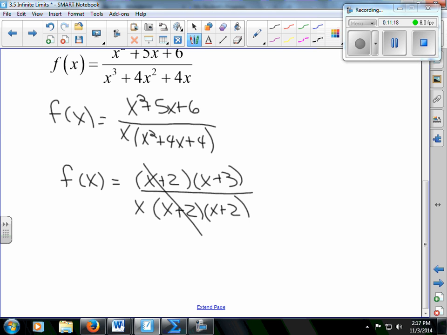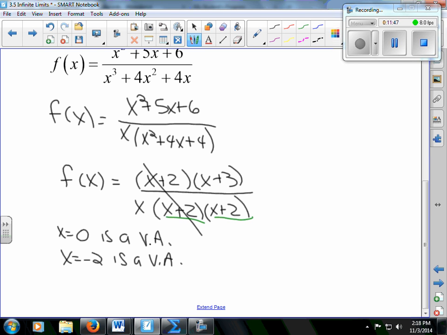So the way that we're going to answer this now is x equals 0 is a vertical asymptote, and x equals negative 2 is a vertical asymptote. Because those two x numbers, when plugged in, will make my denominator 0, but they will not make my numerator 0 once I've canceled. Ideally, this would be different than that. We'll do another one where it is.